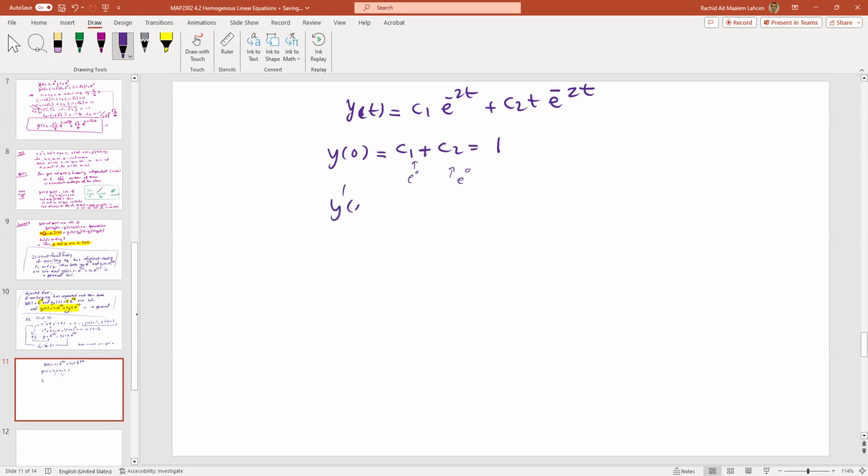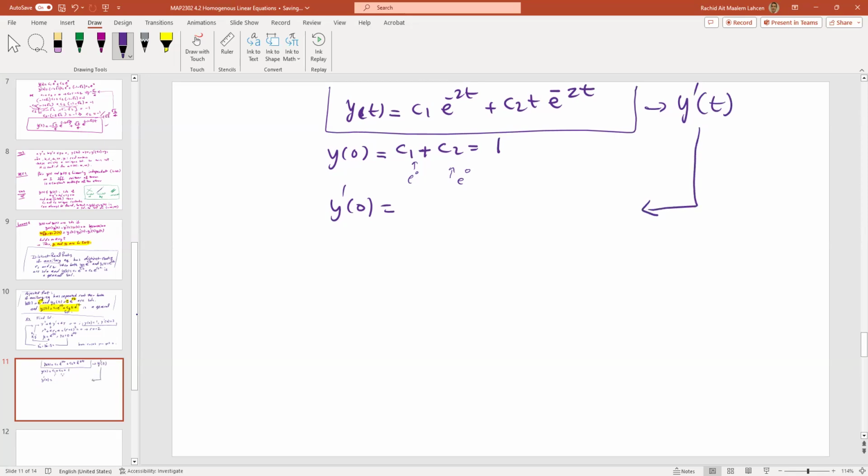Then using the other initial condition, when you do the derivative, you want to find the derivative of this, right? Then use the condition and try it.